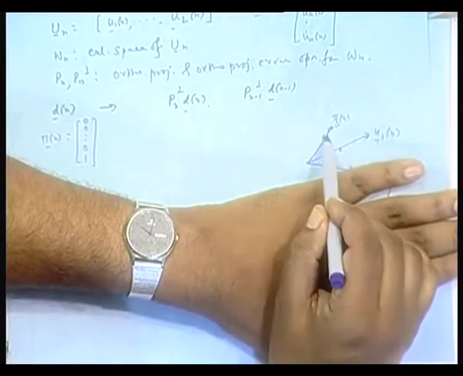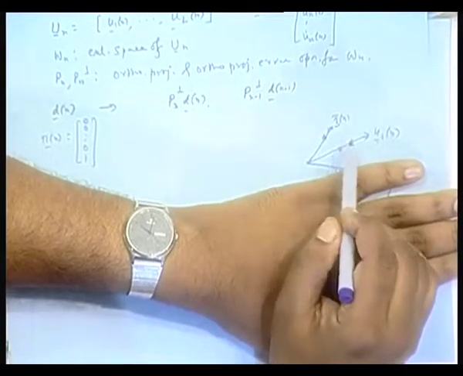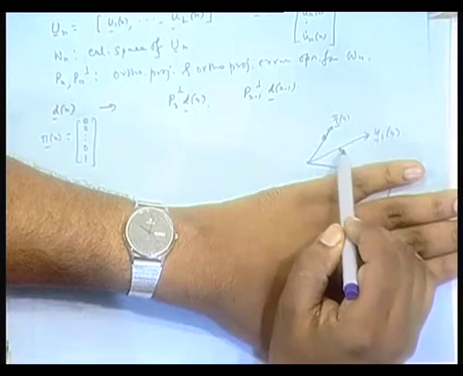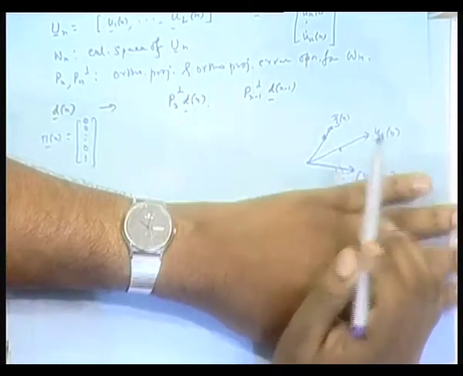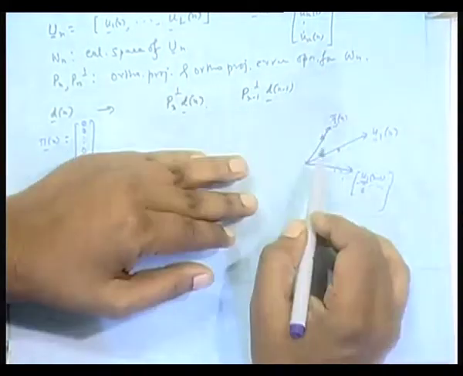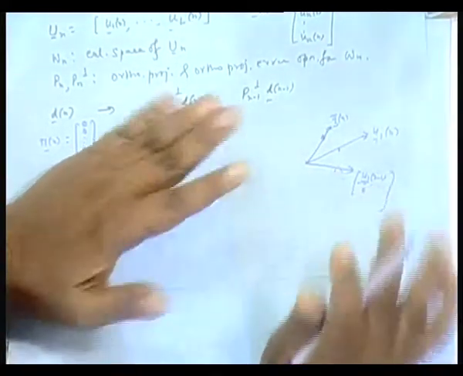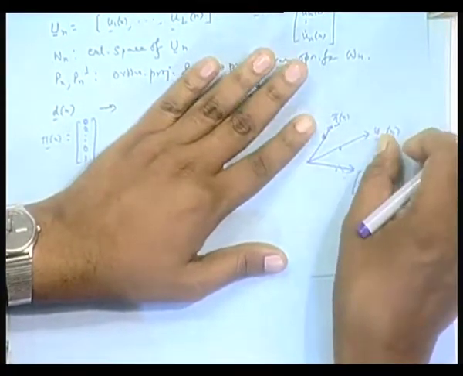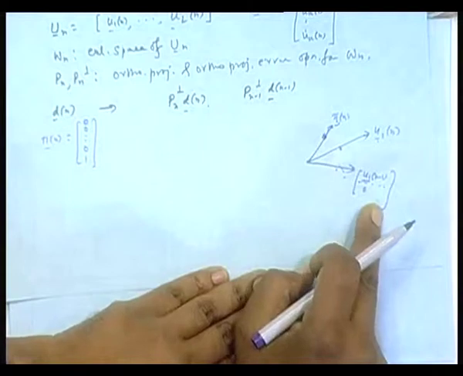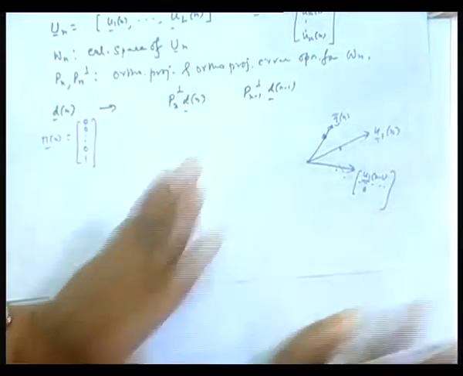So space spanned by these two means what? Space containing linear combinations of these two. Any linear combination of these two, you replace this by a combination of these two. So obviously, that will be finally a linear combination of this and this. Isn't it? So the space spanned by P n and U1 n is contained in the space spanned by P n and this vector. Okay. And the reverse is also true.